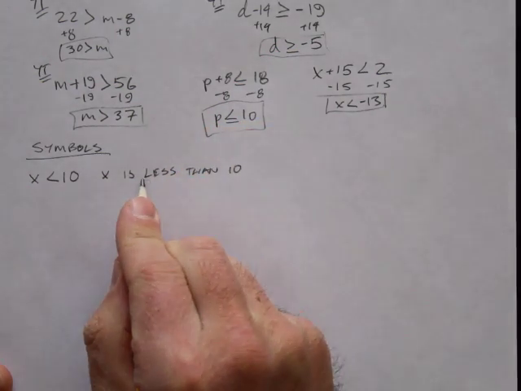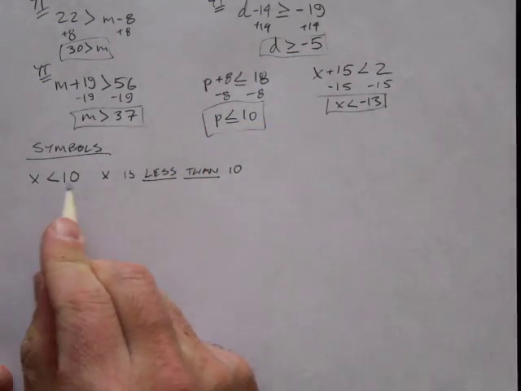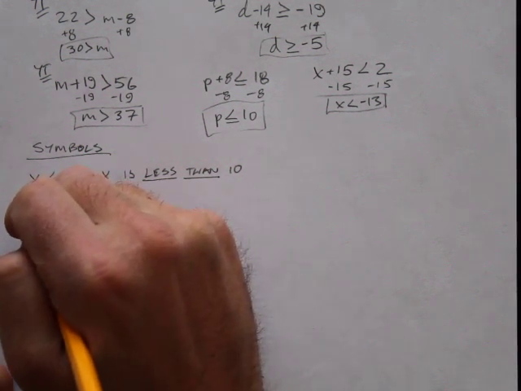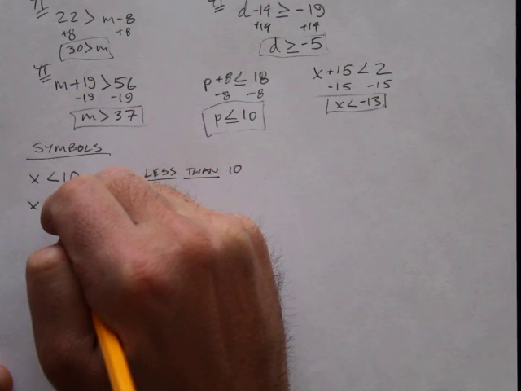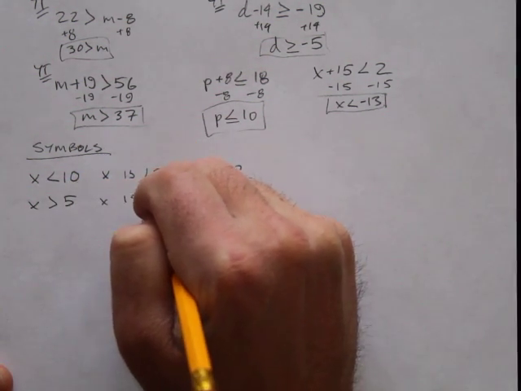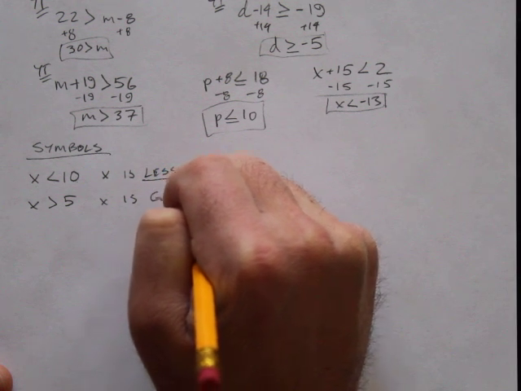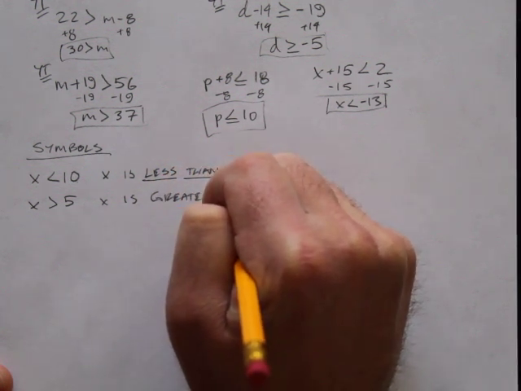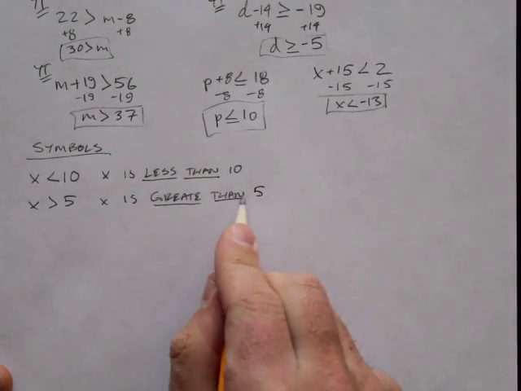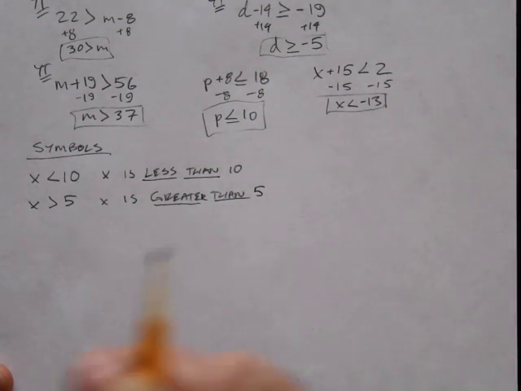Less than is what we're talking about here. x is greater than 5.